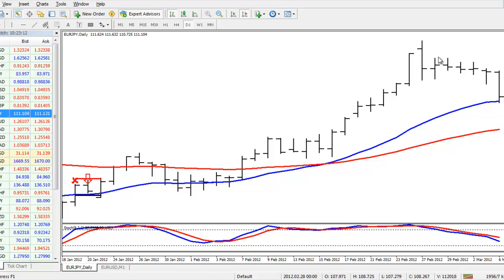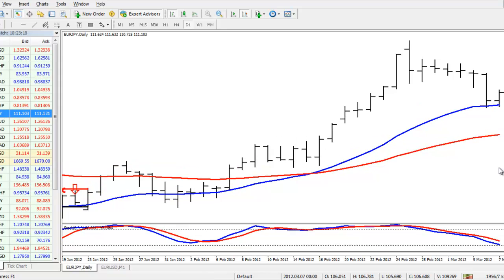So here's the pullback, and now we're waiting to identify a price action signal to enter into the marketplace. And we get this by an inside bar, which also happens to be seller bar, buyer bar, which is a basic form of reversal bar formation.